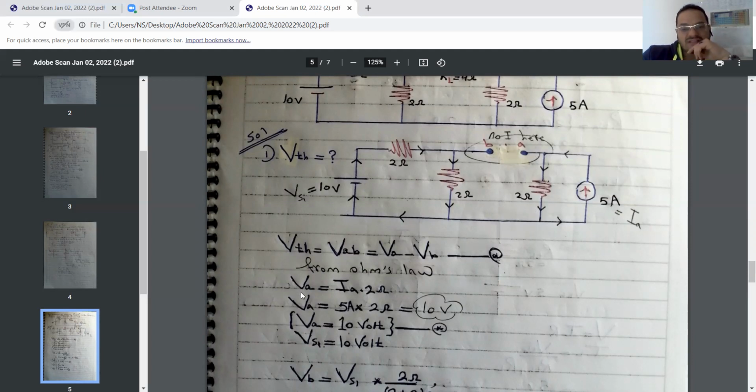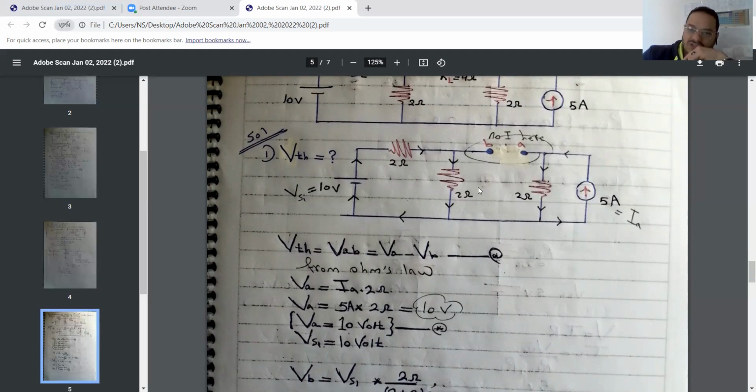We will use Ohm's law, V equals IR, because VA equals I times resistance, 5 ampere dot 2 ohms, to be VA equal 10 volts, like that.